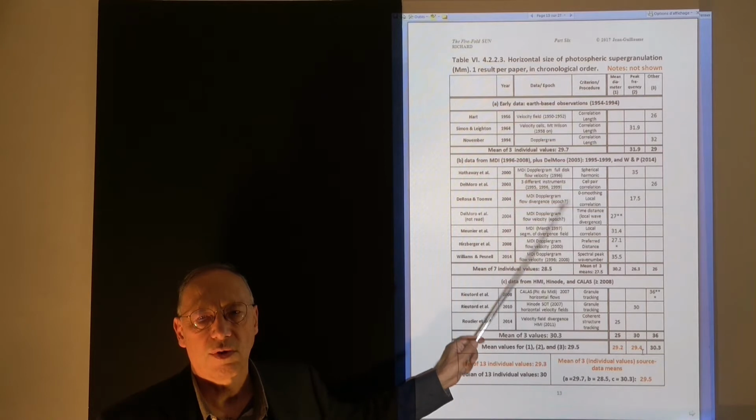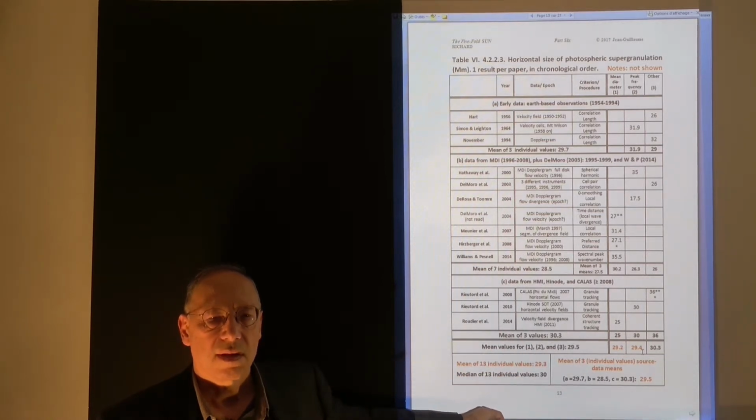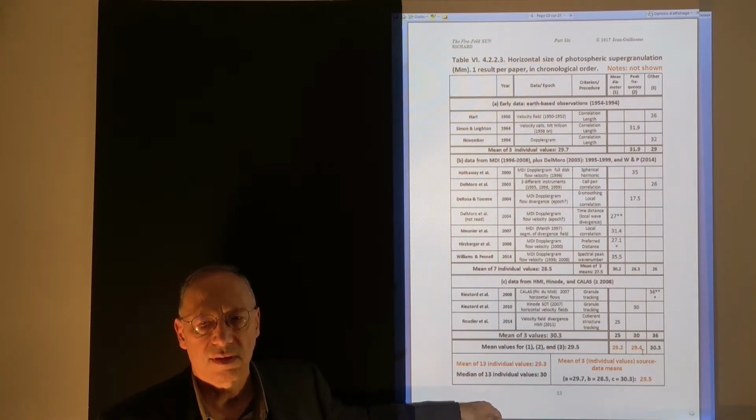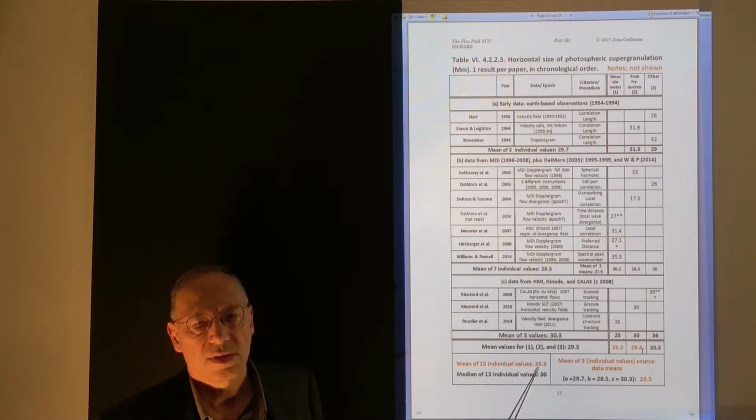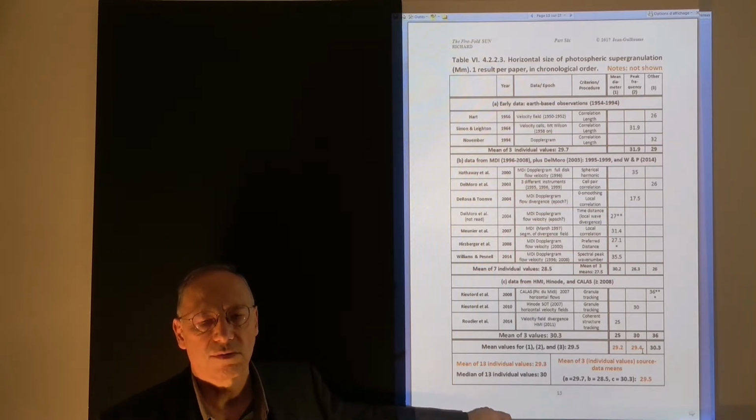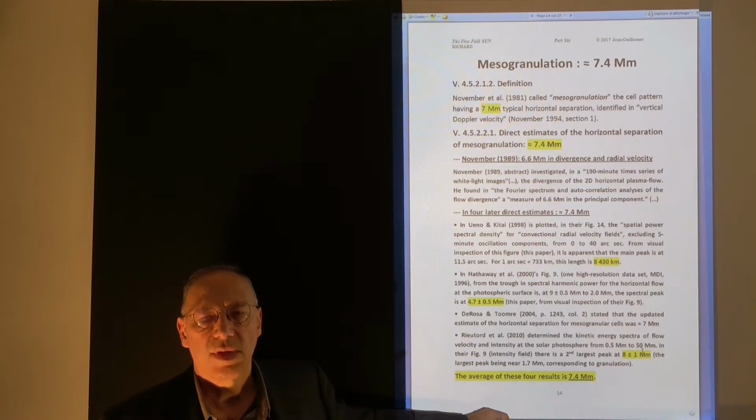You see, this is a table where the results found in the literature that could be used in the meta-analysis are put together, and we have a mean of 13 individual values, which is 29.3. We have a mean of 3 source medians, 29.5, etc., all very close to 29.5 megameters for supergranulation.